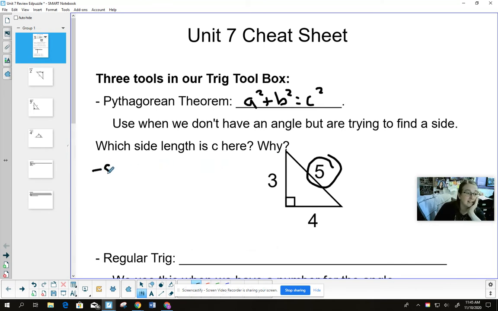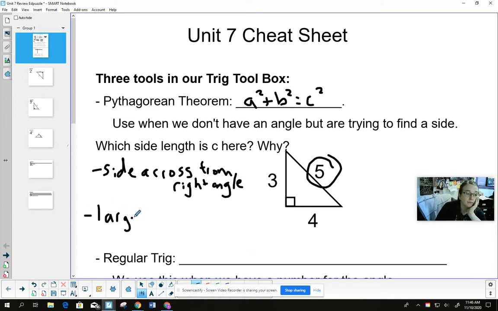One is that the side across from the right angle is C, the hypotenuse. 5 is across from our right angle, so it has to be C. Now, it also ends up being the largest side, but sometimes we can't tell what the largest side is. So when we have a picture, it's the side across from the right angle. If we only have numbers, it's the biggest side.